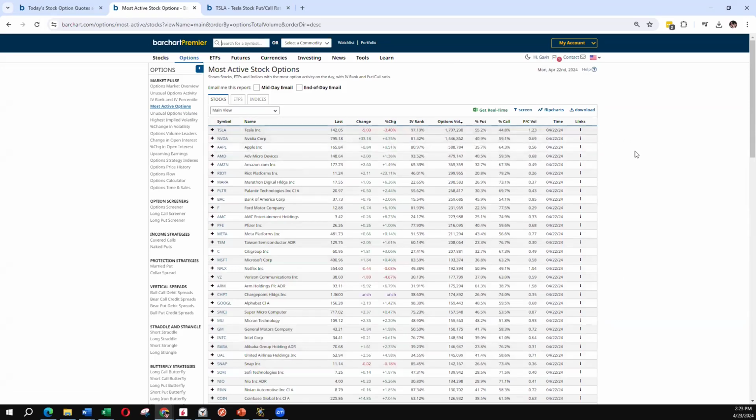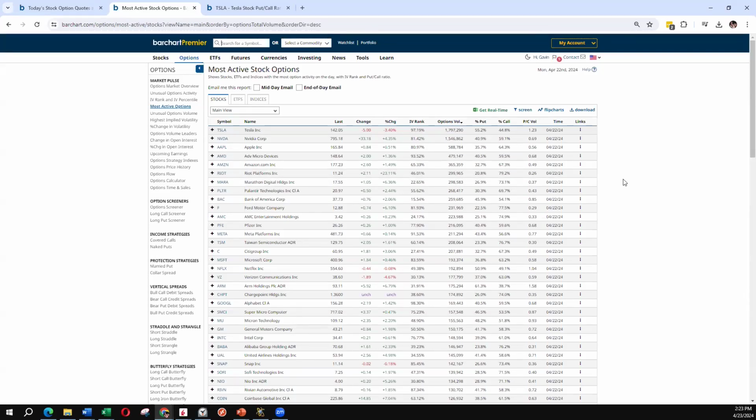So a quick scan there might provide some insights. You can see that some of the Bitcoin-related stocks had a very, very low put-call ratio. I think Riot was up about 20%. Yeah, there we go, 23%. Mara was up 6%. So not a lot of demand for put options on a day like this. There was a huge demand for call options. So a bit of a change in sentiment there in those names.